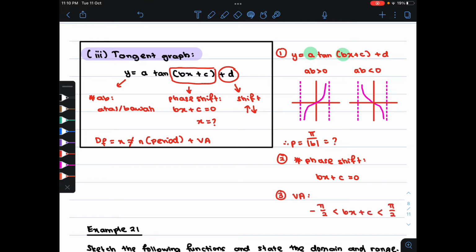And the third step is to find the vertical asymptote. So you just need to memorize this inequality. Write down bx plus c between negative pi over 2 and pi over 2. Make sure that the inequality sign does not have an equal sign.